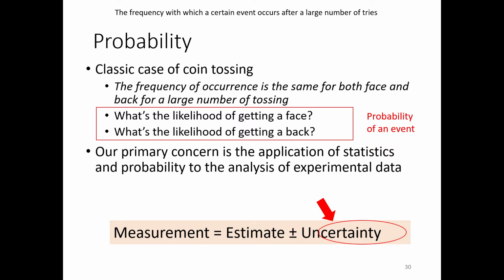It's going to be the same for both face and back if you do a large number of tossings. So the likelihood of getting a face and a back is equal to each other, both 0.5 or half, right?